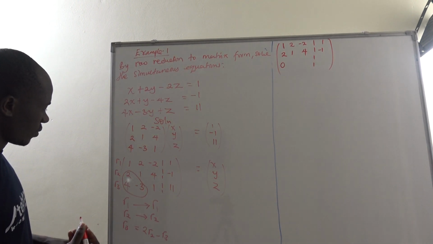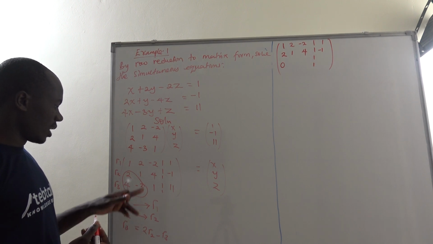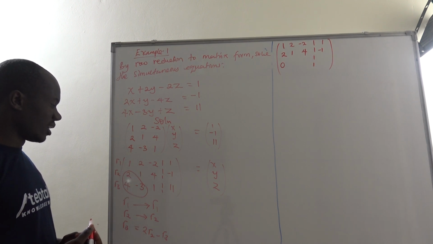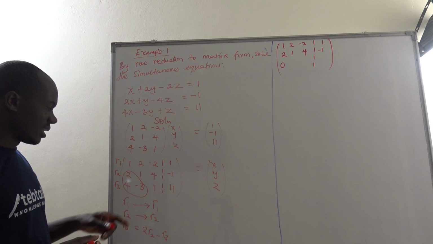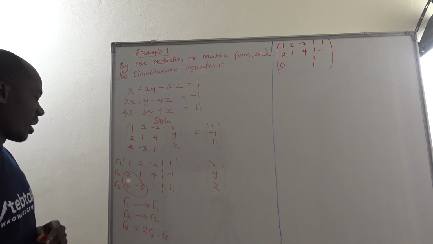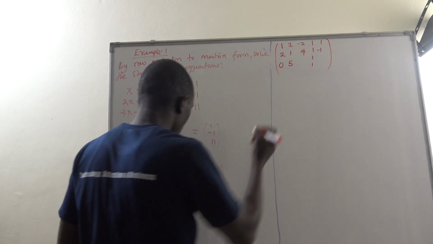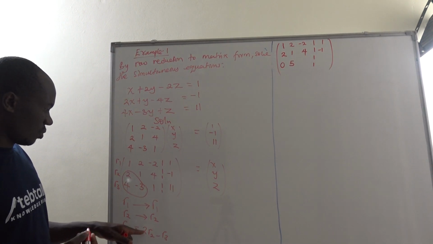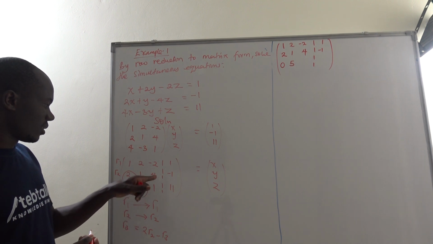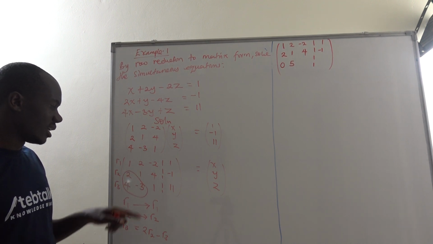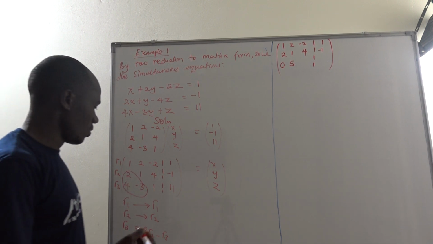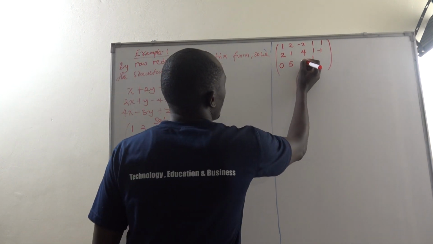So we are also moving to another one. 2 times 1, you are getting a 2. Minus a 3, we are coming out with a 5, which we are going to write here. 2 times 4, you are getting 8. 8 minus 1, you are coming out with a 7.